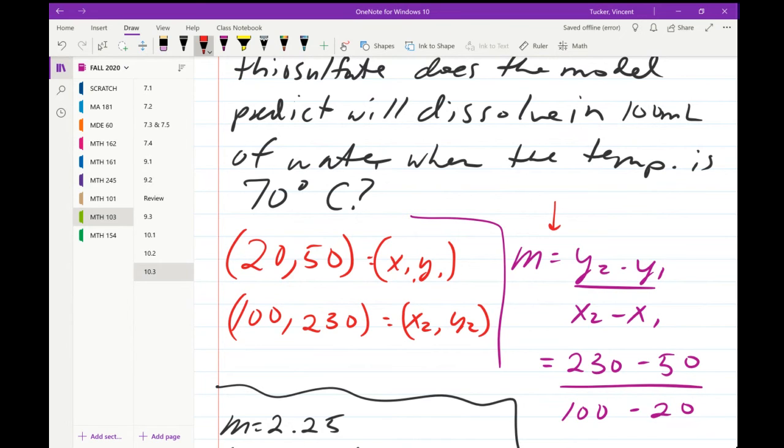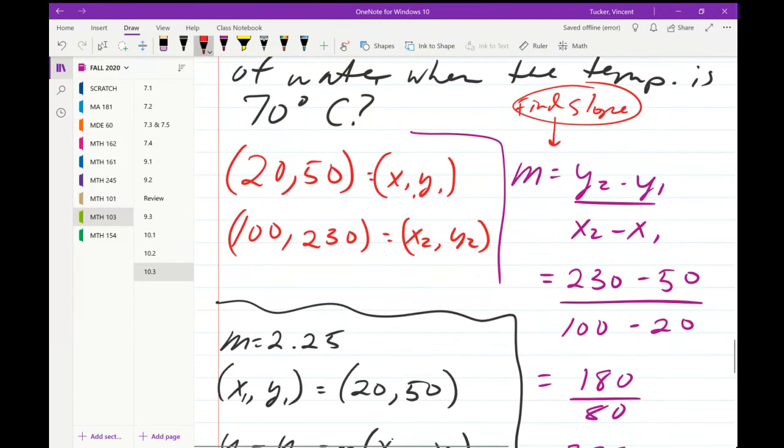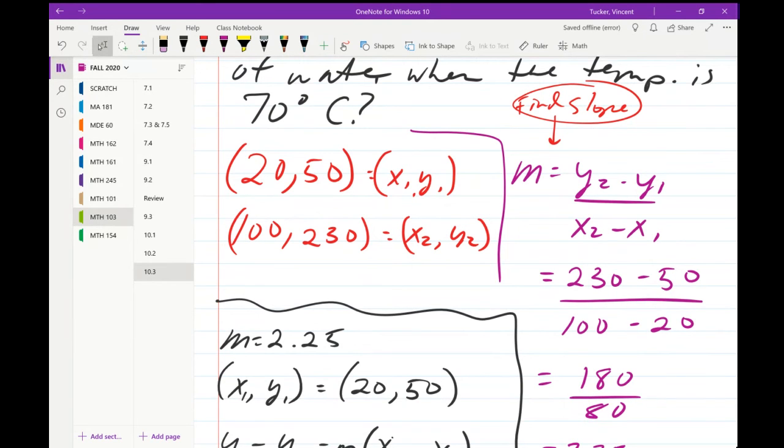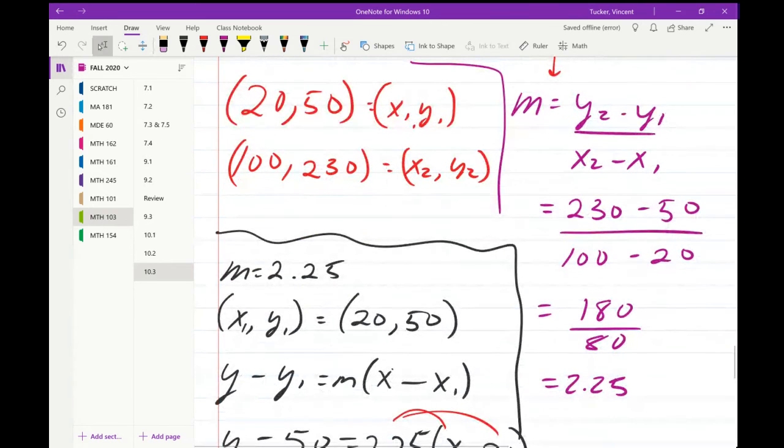The first thing you do is find slope. If you have your two points and no slope, we need to find the slope first. That's y2 minus y1 over x2 minus x1. y2 is 230, y1 is 50, so it's 230 minus 50, and then on the bottom 100 for x2 minus 20, which is x1. 230 minus 50 is 180. 100 minus 20 is 80.